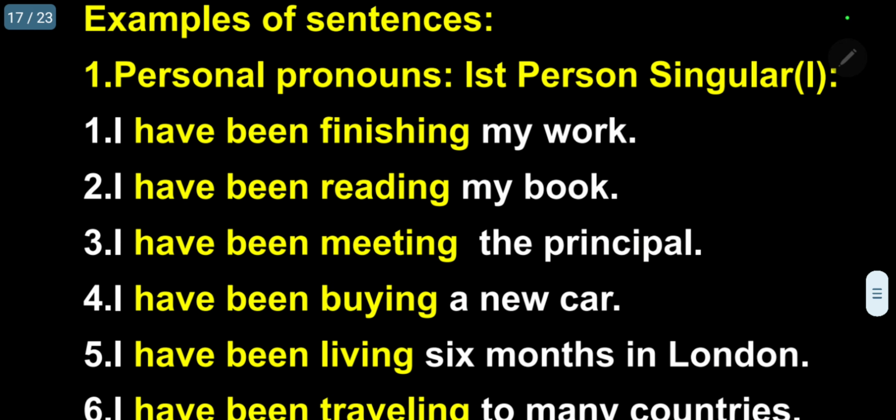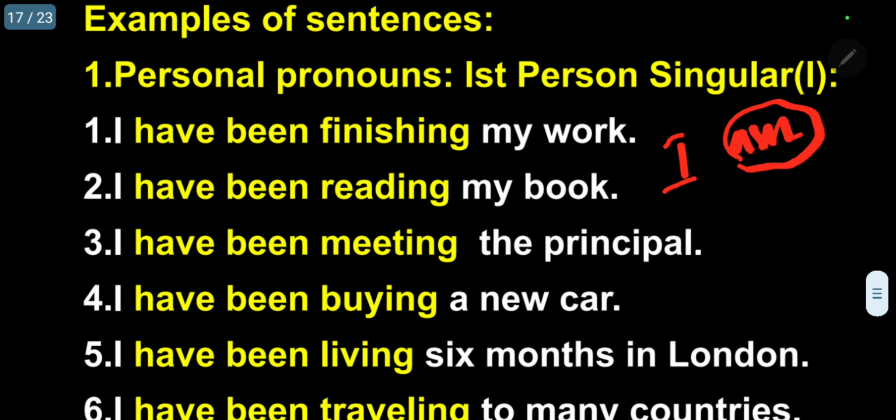Dear students, one important information I want to give regarding I. When I am using I, always the singular verb am. Present verb am is applicable only for I, not for any other personal pronoun. Only for I. This is one information.